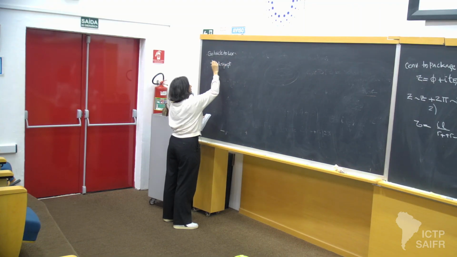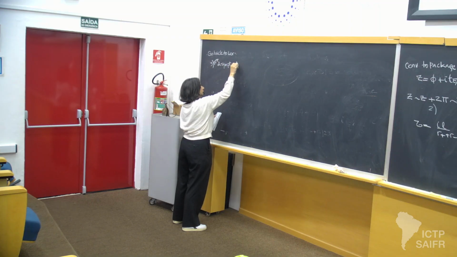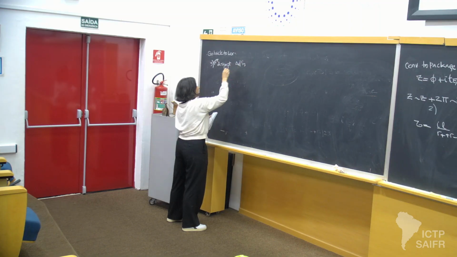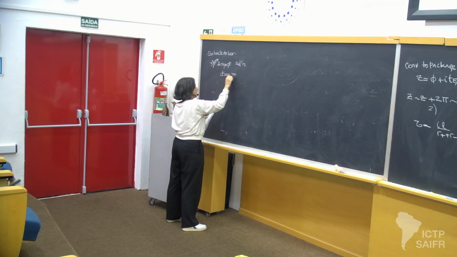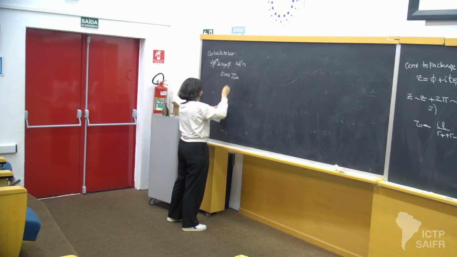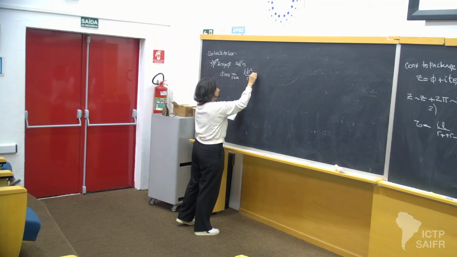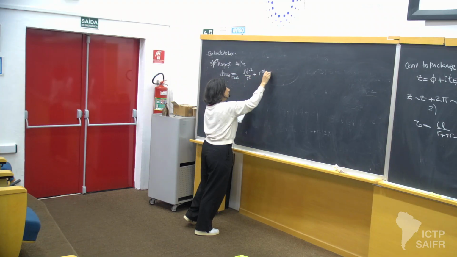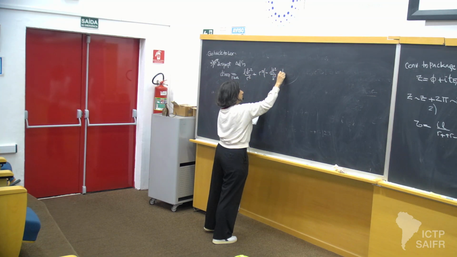Well, let me put it as: BTZ is asymptotically AdS₃, meaning that if you grab the line element of BTZ and expand it as R goes to infinity, you will get again exactly the same thing that I wrote at the beginning, asymptotically AdS space times.